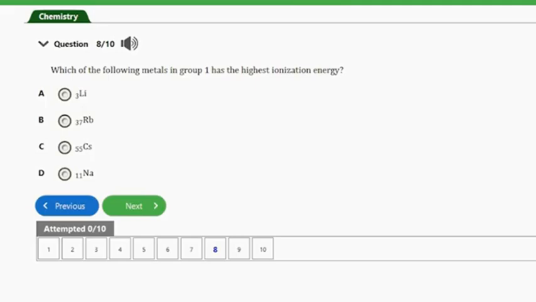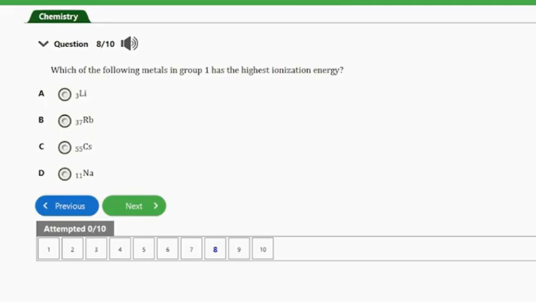So having known that, guys, the element that will have the highest ionization energy here is lithium. So if you're wondering, the ionization energy is the energy that is required to remove an electron from an atom.